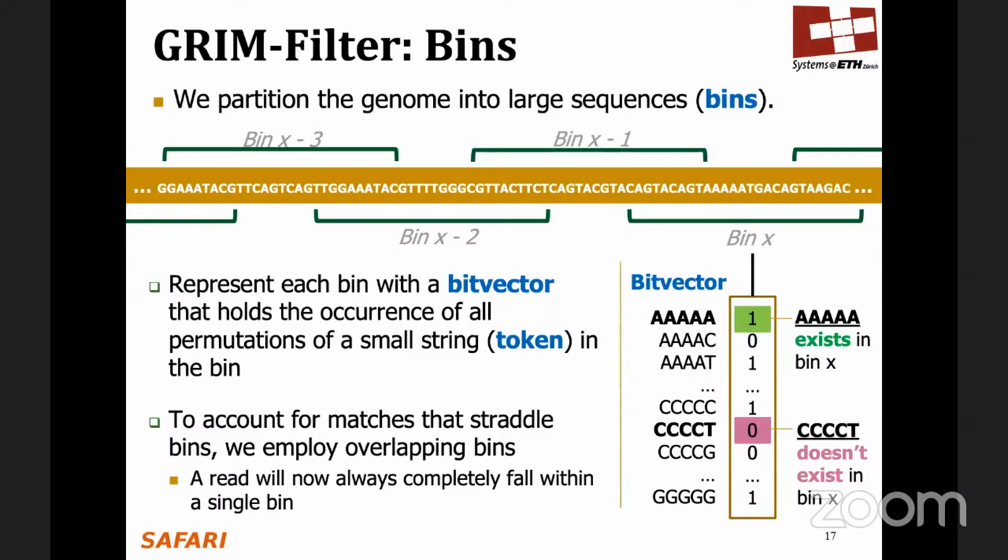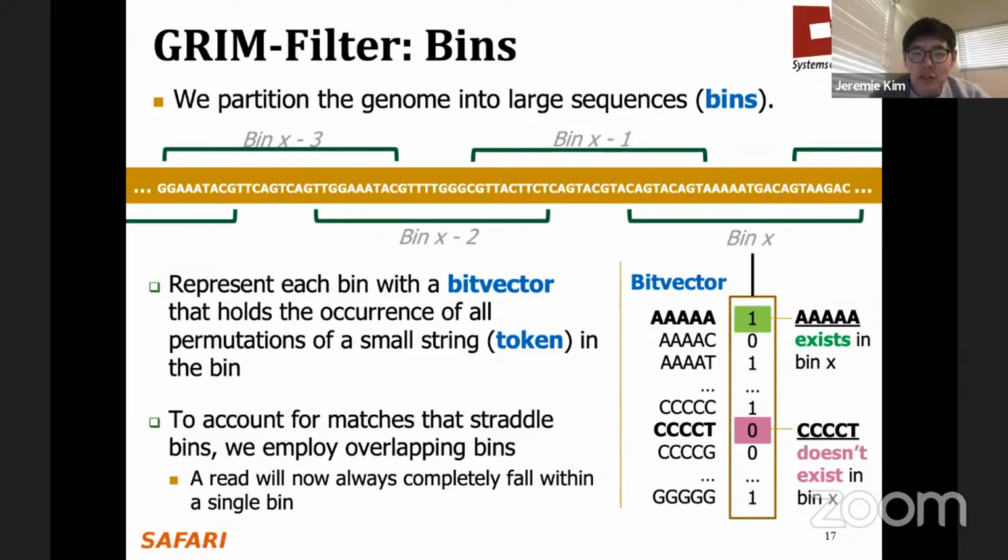I see. And do you consider the reverse complement of the strand or just the forward strand? Yeah, that's a good question. So we only look at the forward string. But yeah, I guess in hindsight, we probably should have been looking at the reverse complement as well, because those are also valid alignments.